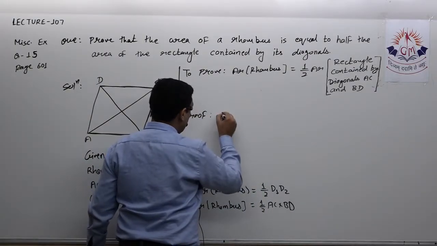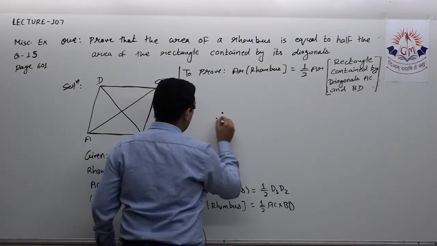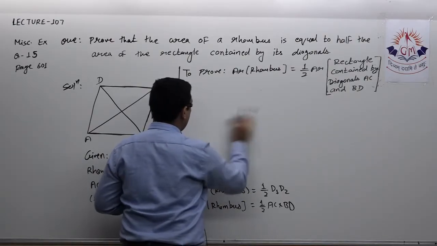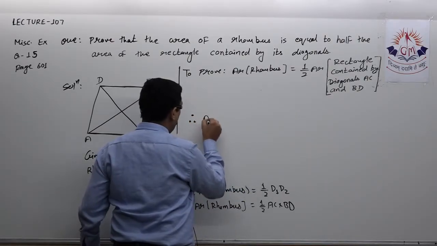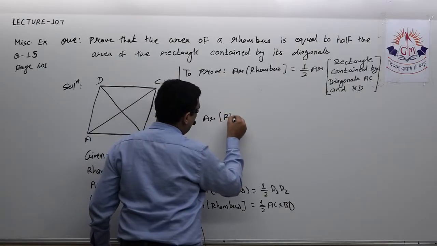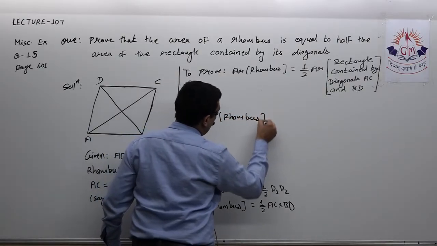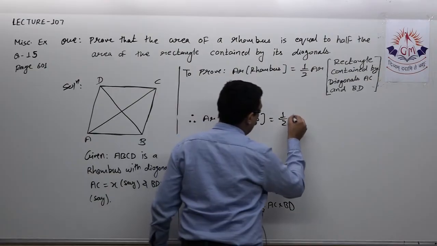So after this, therefore, area of rhombus is equal to half area.